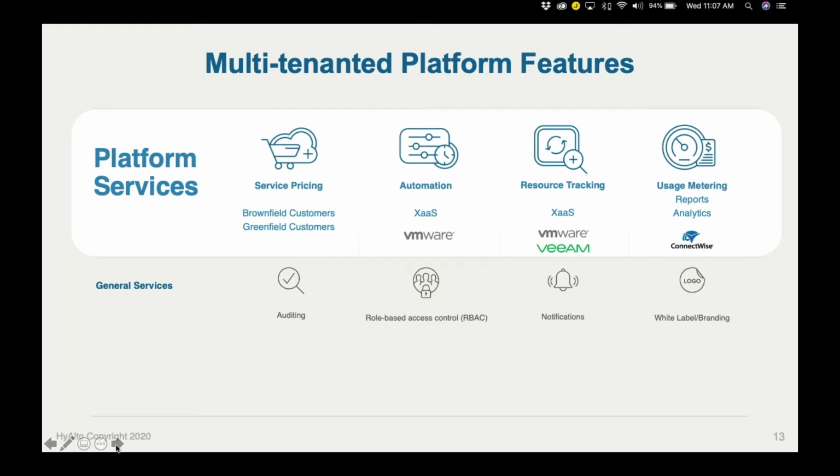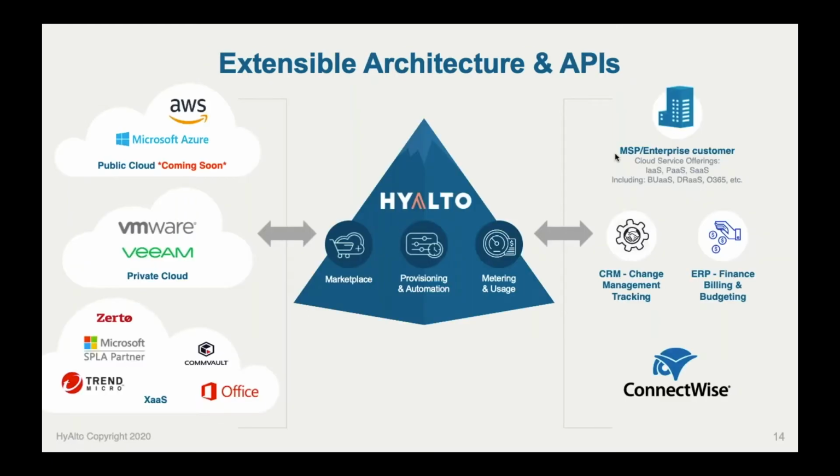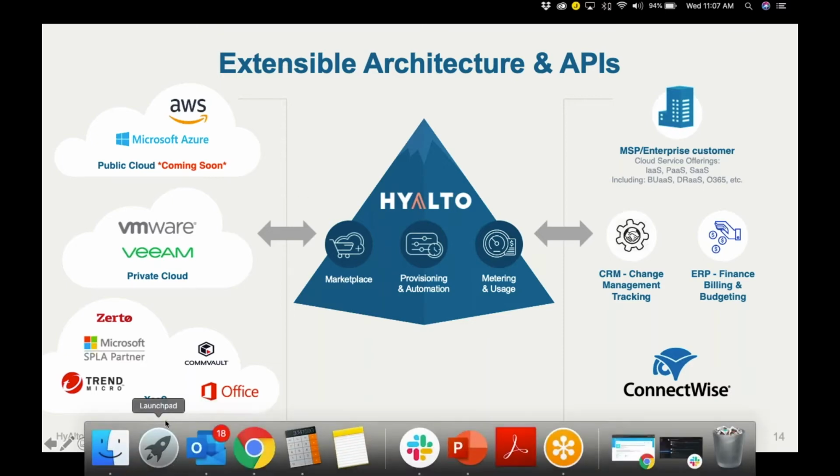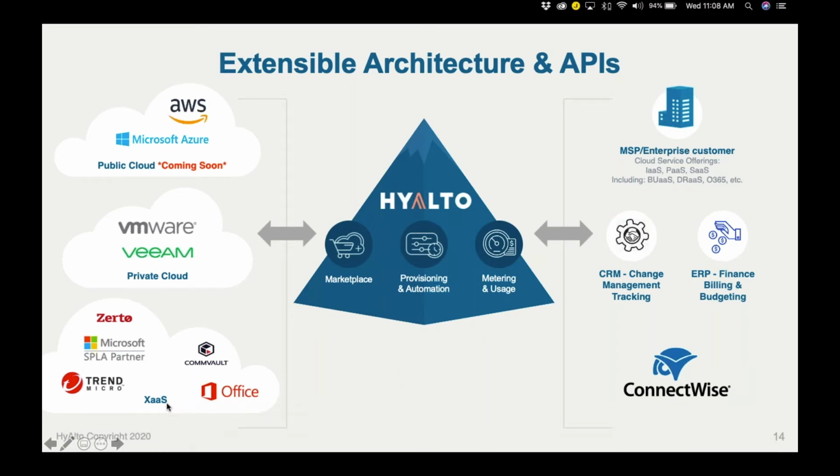So if you want to brand a portal independently for each of your customers, that can be done. Alto is a company that's operating in the open API world, with RESTful APIs, and we believe that an extensible architecture will help us, or has helped us, integrate quickly to different products and vendors out there.